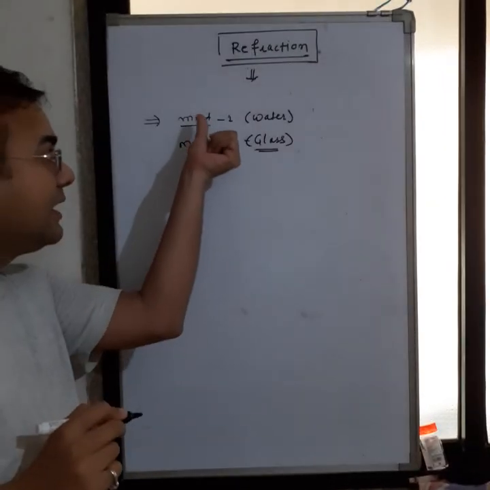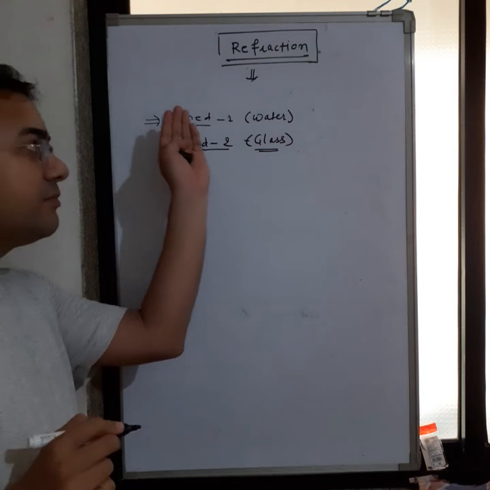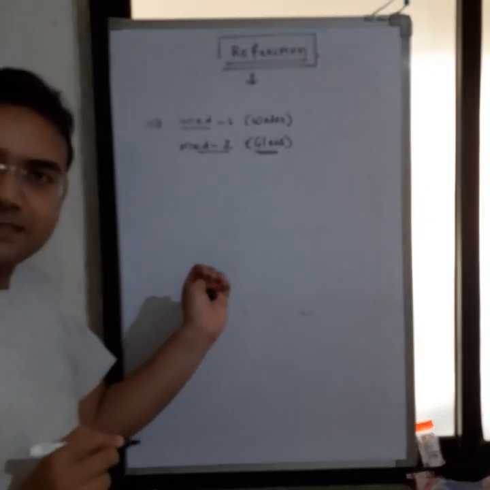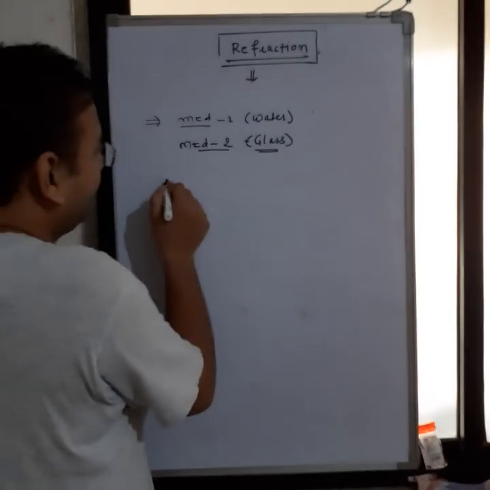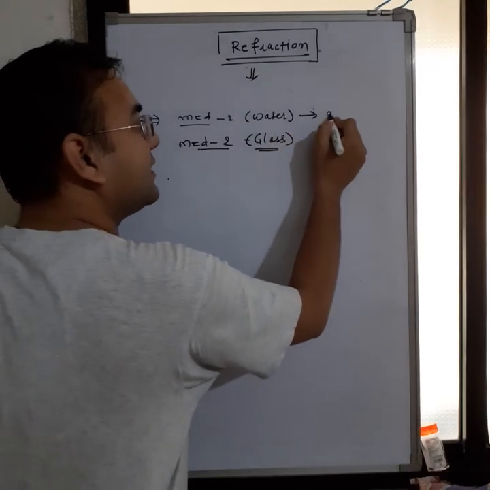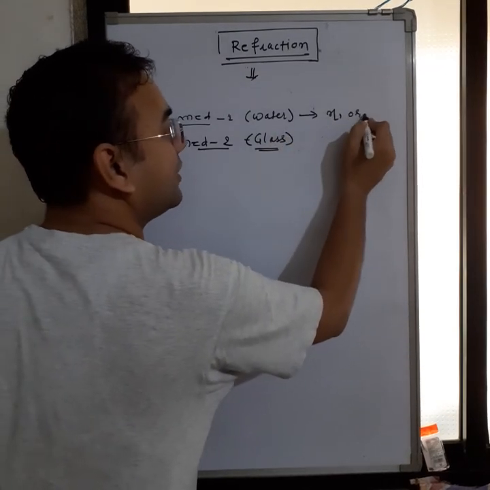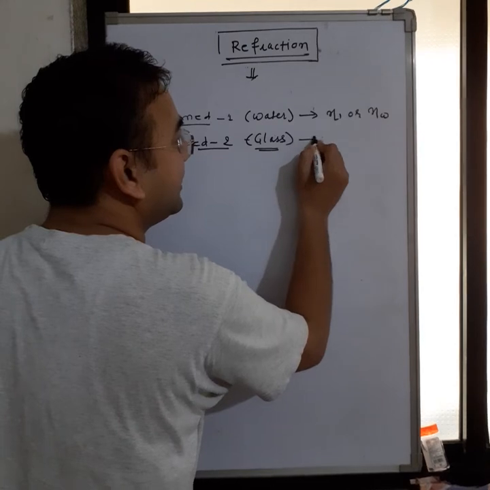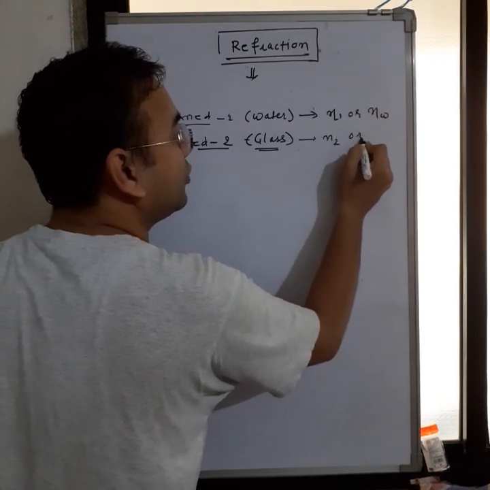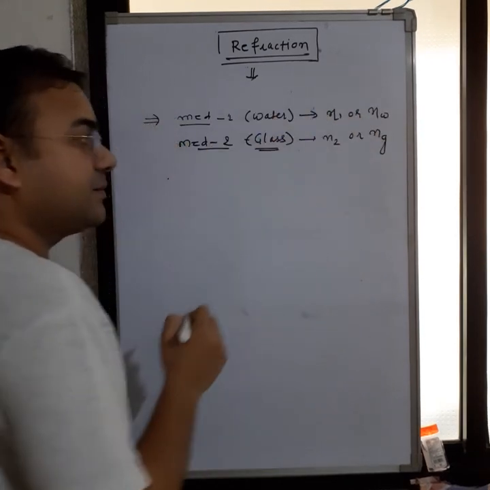So light will move from water to glass. Here we can say its refractive index is eta 1 or eta W, and the other refractive index is eta 2 or eta G.